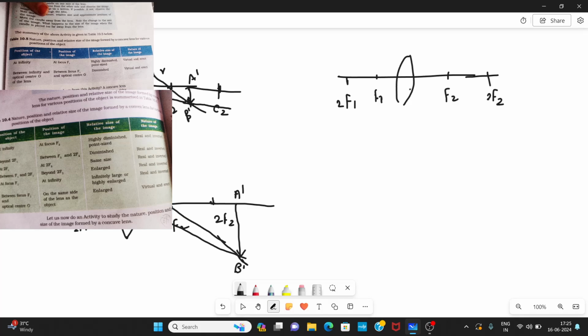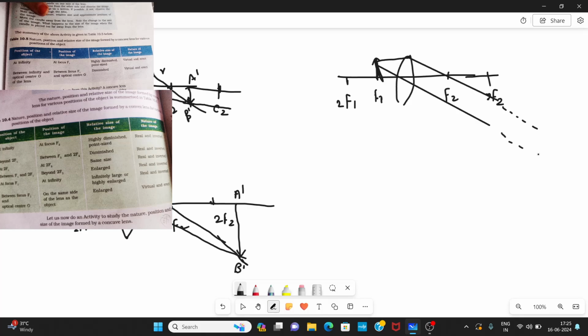Okay, we will see first at optic center. What will happen if you keep the object exactly at optic center? So both the lines will be parallel and they will not intersect.